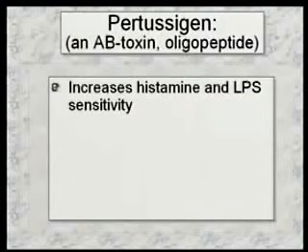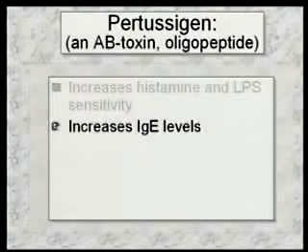It also increases sensitivity to LPS, and therefore, if one is likely to get into shock or cardiac problems, low blood pressure, even smaller doses of LPS will induce that effect, as opposed to non-infected individuals who do not have pertussis toxin exposure. Okay, there's an increase in IgE levels, so allergy symptoms will get worse.